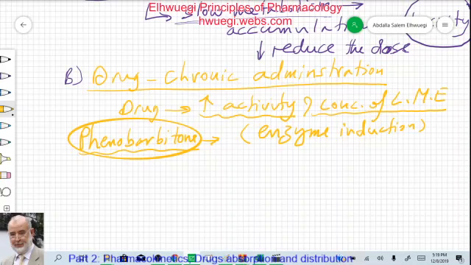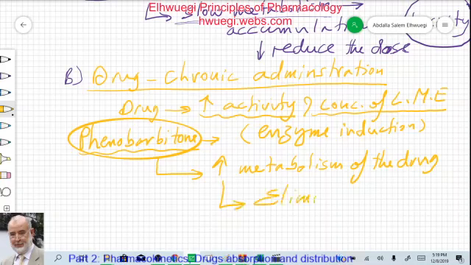So what will happen to the metabolism of the drug? It will increase the rate of metabolism of the drug. The drug will be metabolized faster. If the drug is metabolized faster, that means faster elimination. It will be eliminated faster out of the body.